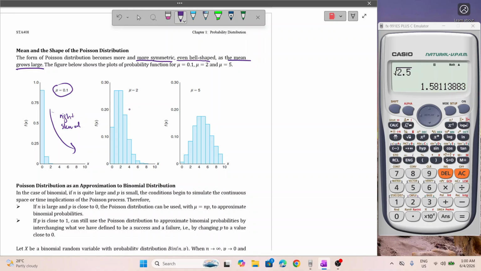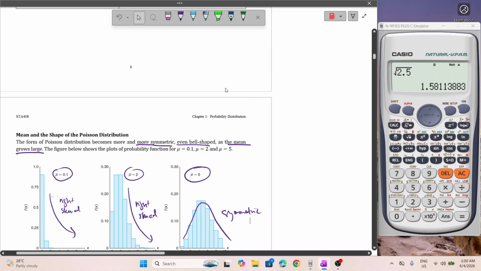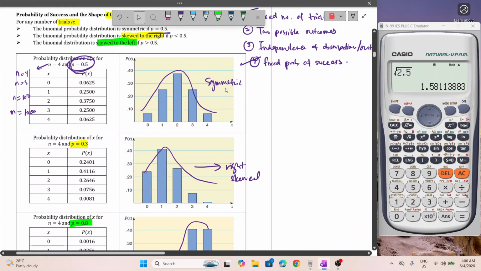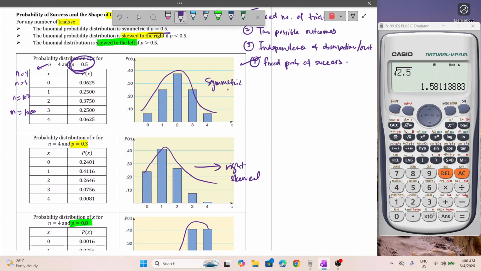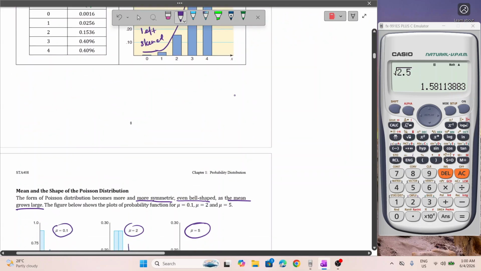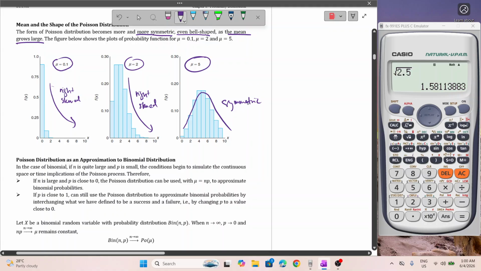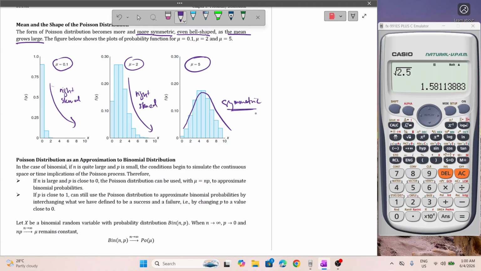When the mean is equal to 2, it is still right skewed. But when the mean is equal to 5, it is symmetric. So for the binomial, when p is equal to 0.5, it is symmetric. But for the Poisson distribution, when the mean is equal to 5, it becomes symmetric.